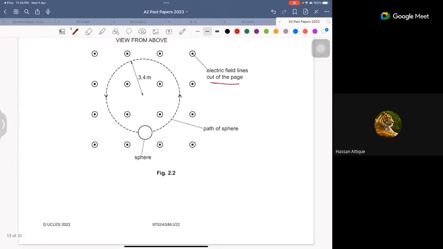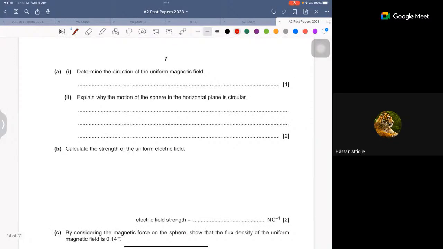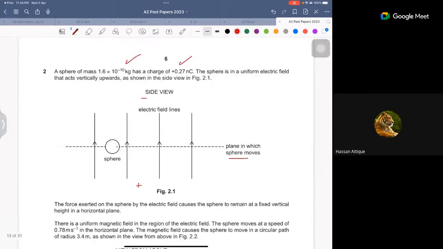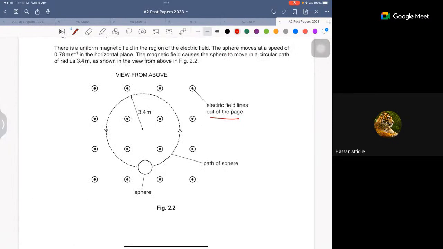And there's a magnetic field as well. So determine the direction of the magnetic field. If you look at the movement of the sphere, it is going at a certain angle like this, right? So I'm going to make the velocity vector. And if I make the velocity vector, I can clearly see that the sphere is going here. The velocity changes from here to here, which means the force on this should be here.